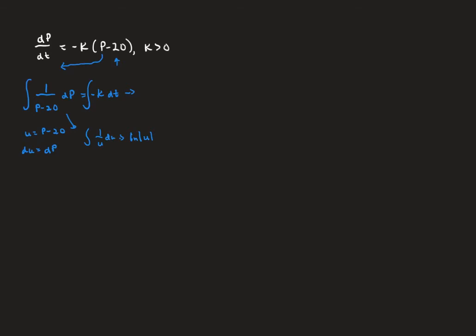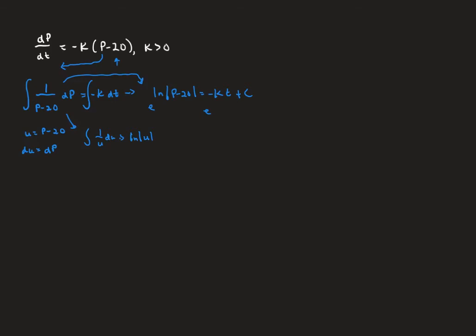Either way, whether you did the u substitution or not, we're going to end up in the same place, where we get the natural log of the absolute value of p minus 20 equal to negative kt plus c. Now, as we have done before, with just a little bit more complicated result, we're going to exponentiate both sides. That will get rid of the natural logarithm.